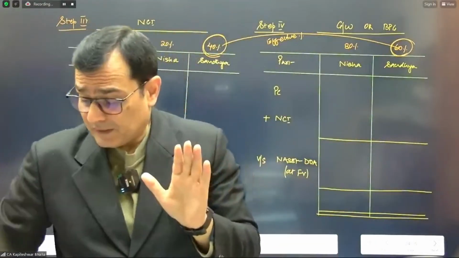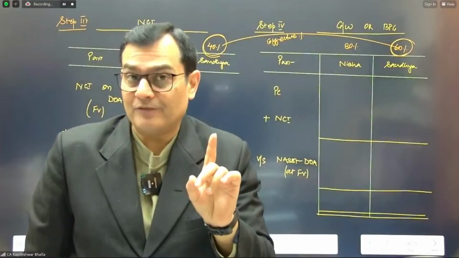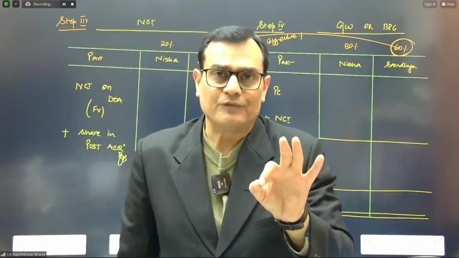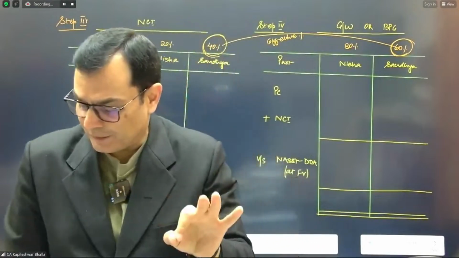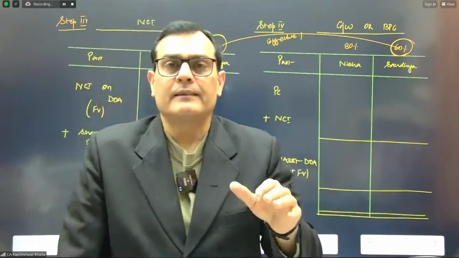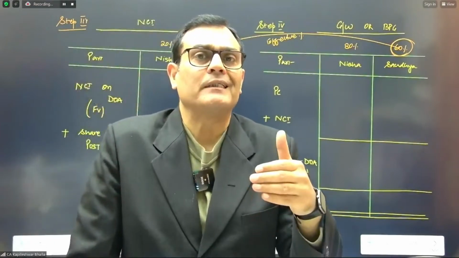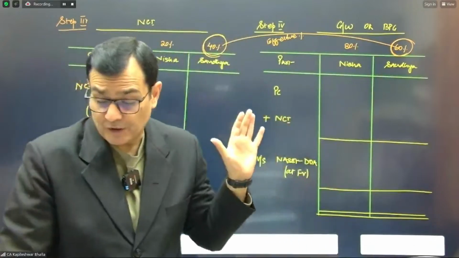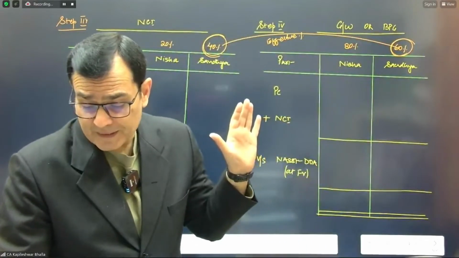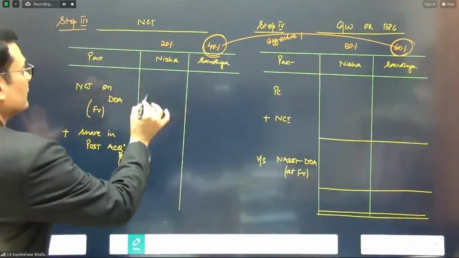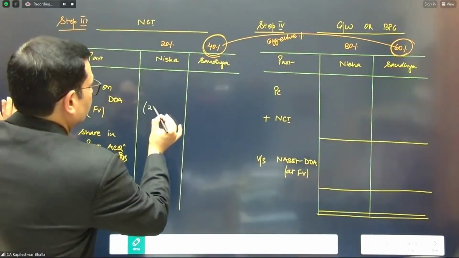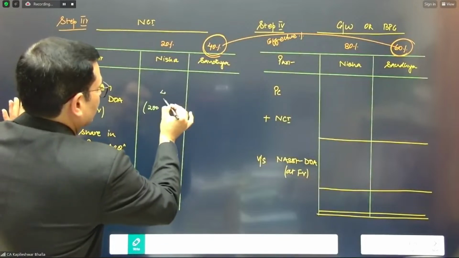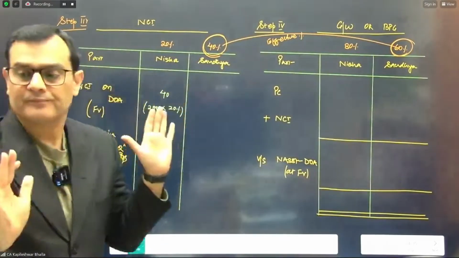Now, we're given in point number 5 of the additional information that the company has a policy of taking NCI at a fair value, and it says assume that the market price of the share is as good as the face value. So let's go to the balance sheet of Nisha. We can see the share capital is 200, and 20% belongs to the NCI, that is 40.